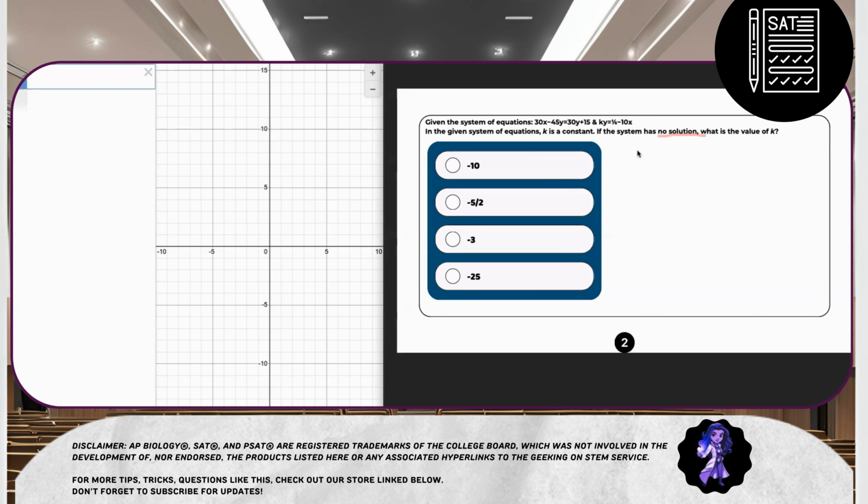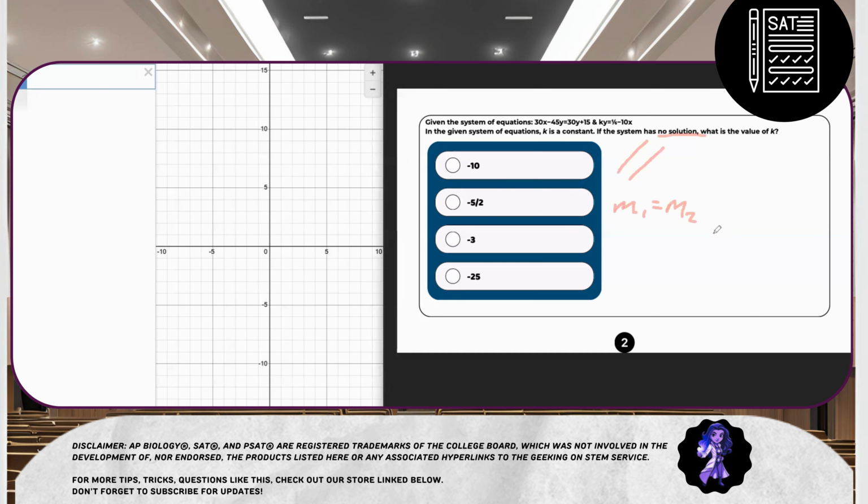If you have no solution, you have two lines that run side by side and never intersect, which means that our slopes are exactly the same. So our M1 is going to be equal to our M2.